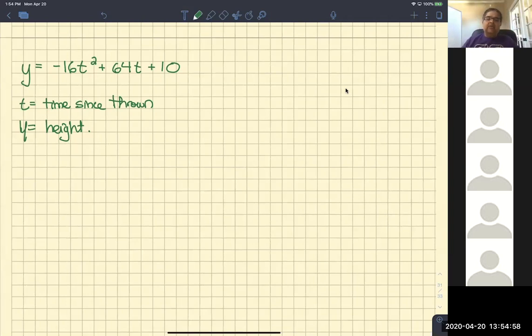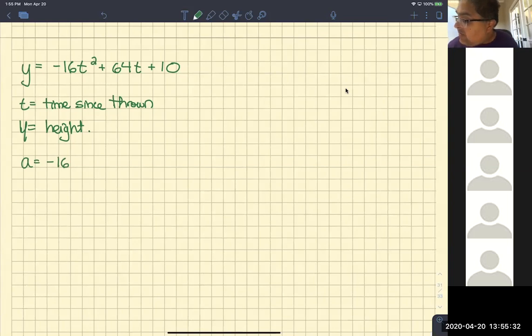Okay. So the way we will tackle this is this. You look at it and say, okay, this thing is a quadratic, and its leading coefficient is -16.